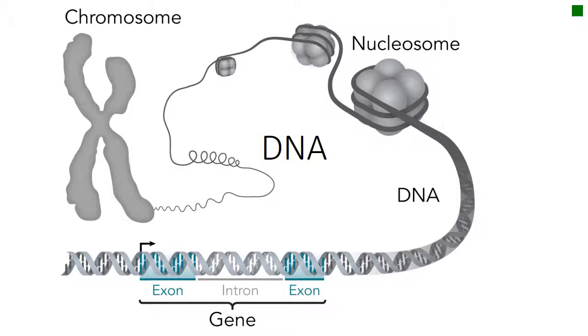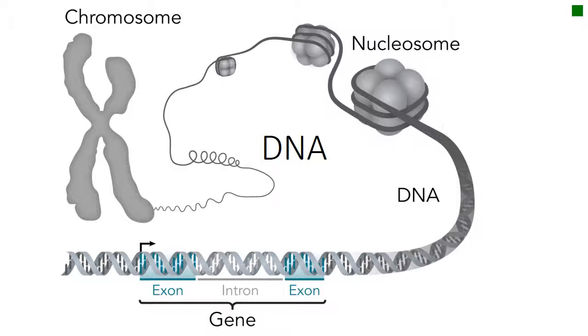So what DNA is, it is the molecule of life. It is the transmitter of information from one generation to another. It codes all the information needed for an organism to be what it is. That's what DNA is.